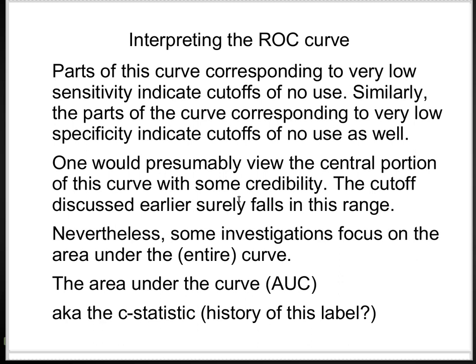So it's the central portion of this curve that we view as having some credibility. Now, nevertheless, for our purposes for now, let's suppose that we are considering the entire curve. A widely computed characteristic from all of this is something called the AUC, or the area under the curve.